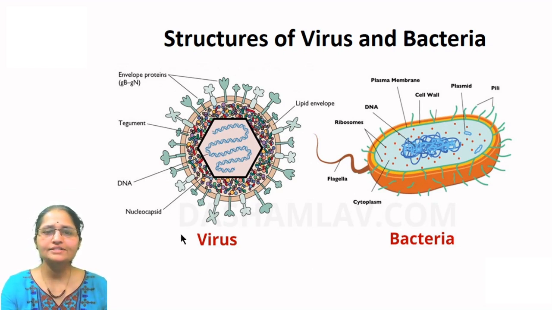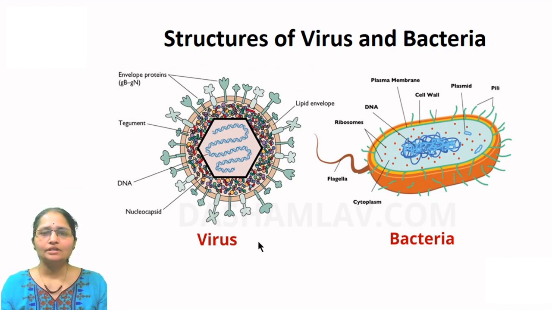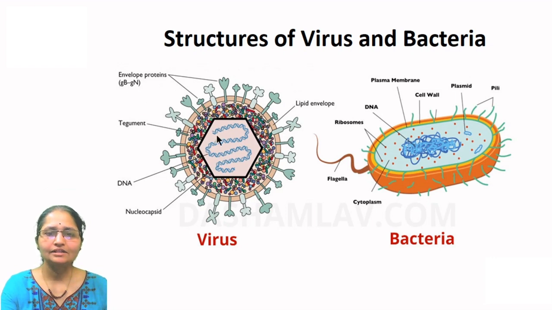Students, now let's see what is the structure of a virus. Here you can see that there is a central DNA molecule. See, other living things have DNA only as their genetic material, but only viruses can have a DNA or RNA molecule as their genetic material. Now this DNA is encircled with a protein coat, then a further outer protein coat is there.